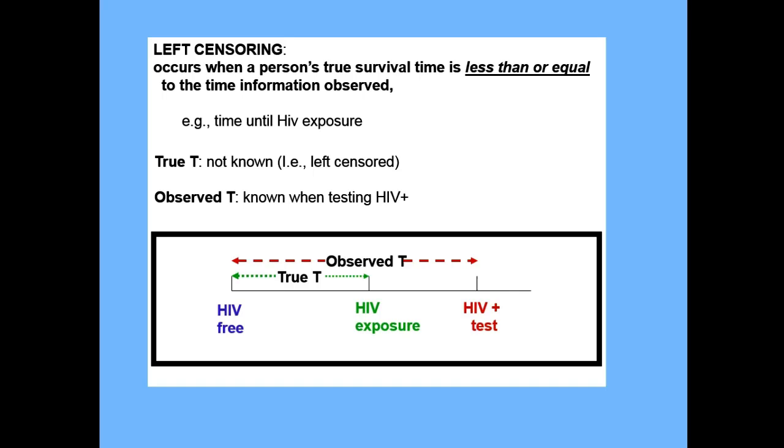So their true survival time up to the time they got HIV is actually less than the time you've observed when you found out that they were positive. That's left censoring. That's an example of left censoring. The true survival time up until the time they were exposed is less than the amount of observed time.